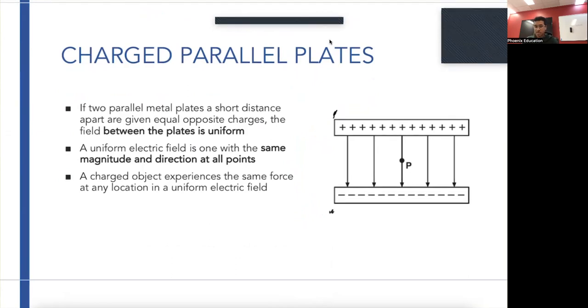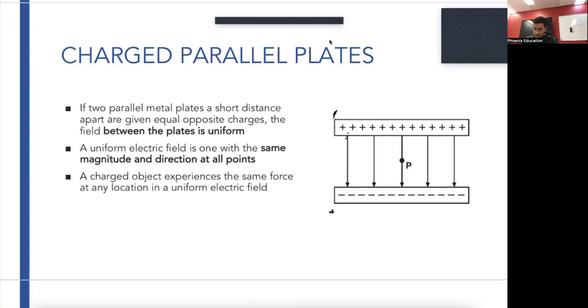And since they are opposite charges, they're going to create a field that is uniform and that attracts each other. Okay, so the field lines will look something like this. They go from the positive to the negative, positive to negative, positive to negative.